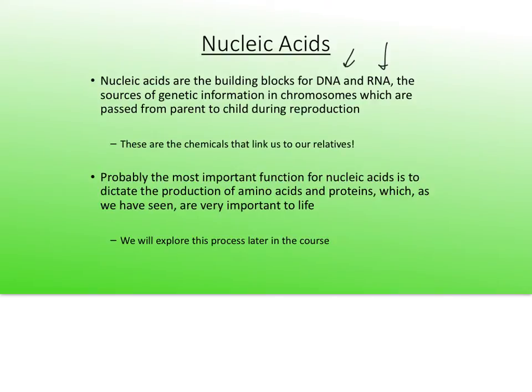Now, probably the most important function of a nucleic acid is to control the production of amino acids and therefore proteins, which, as we have seen, is really, really important for living things. So essentially, DNA carries the information for how to make a protein, and that's the connection that we'll explore later in the course.